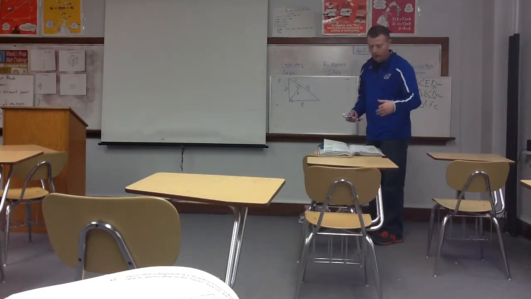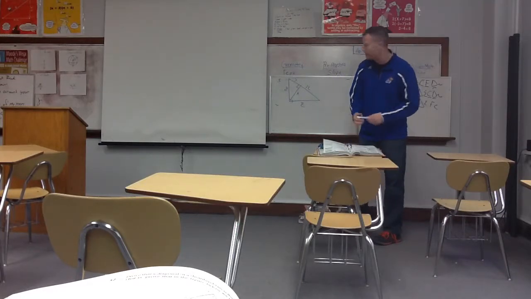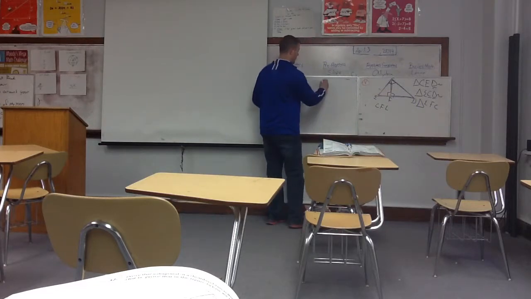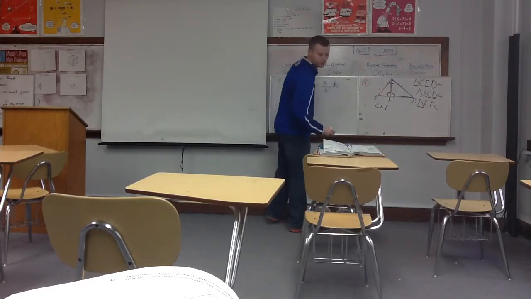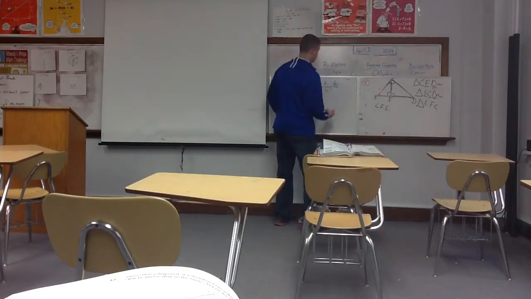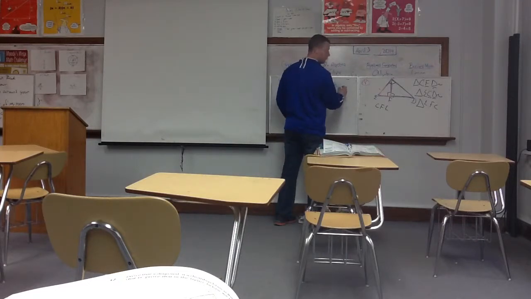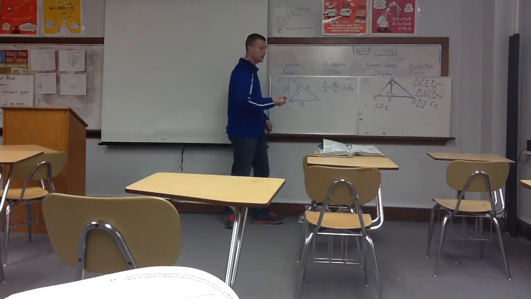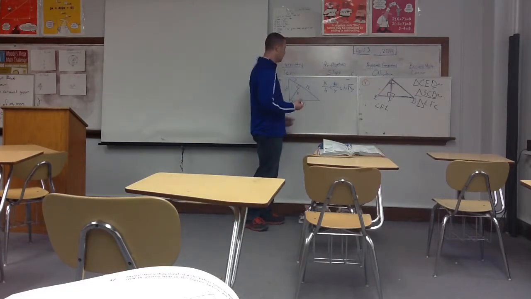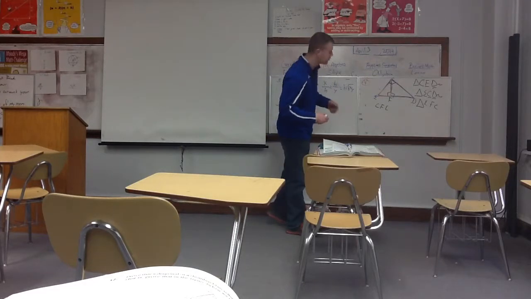Looking at the right triangle geometric mean theorems, the theorem is saying that x over h is equal to h over y, which is saying that h is equal to the square root of x times y, which is no different than what you just did on 1, 2, and 3. So h here, in this case, would be the hypotenuse.